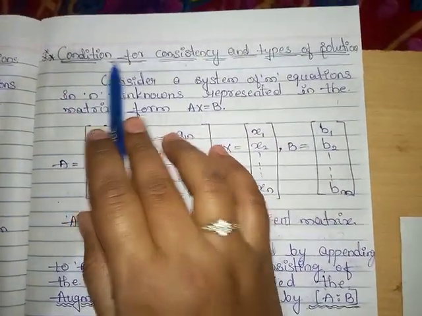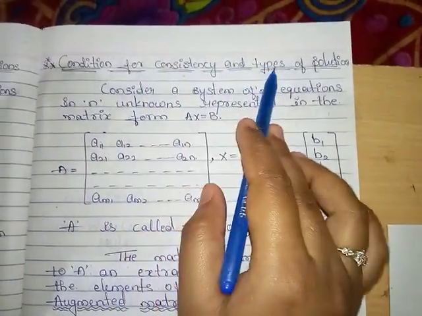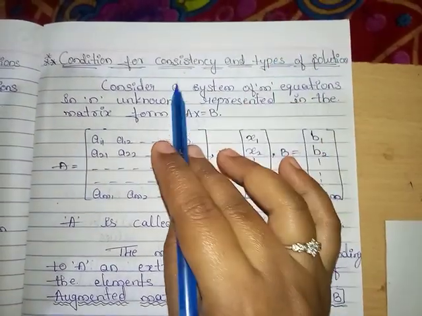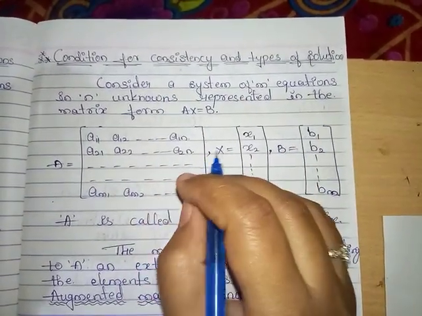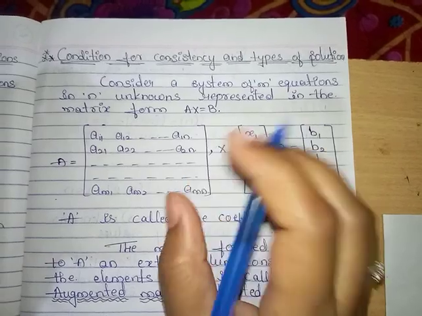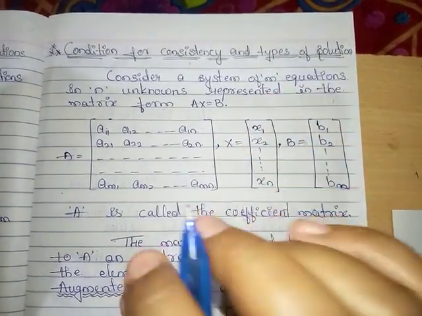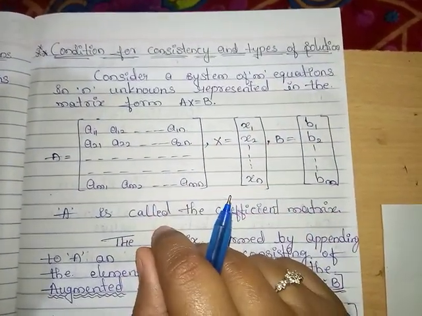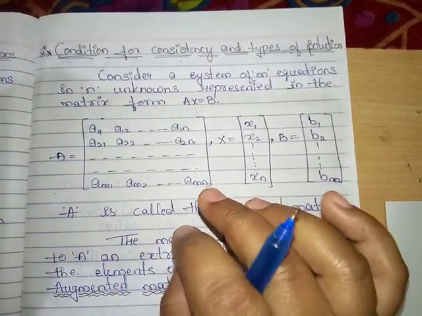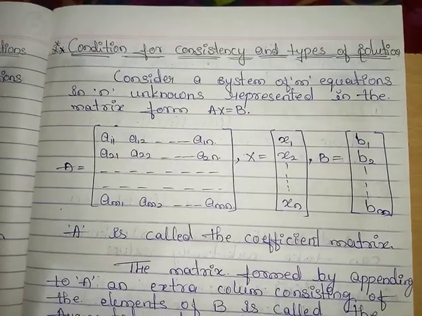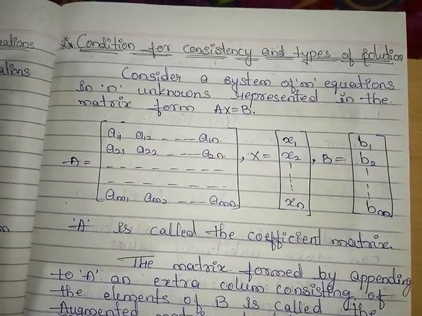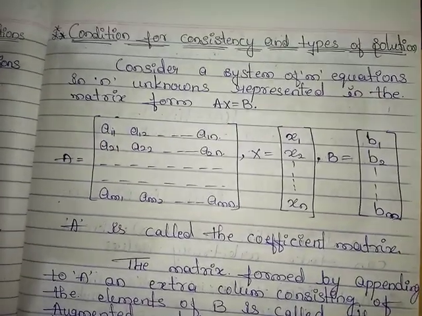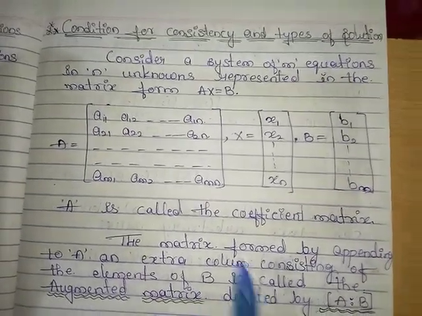Next is condition for consistency and types of solutions. Let us see what are the conditions to say that the system of linear equations is consistent. And we have two types of solutions here. According to that, we have to decide the consistency or inconsistency for the given system of linear equations.